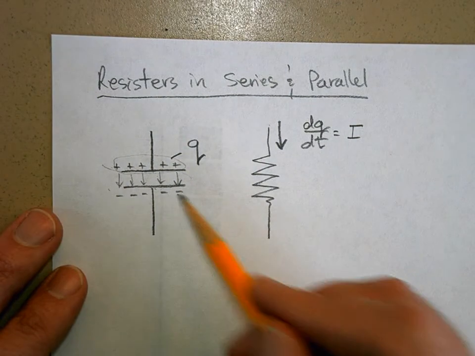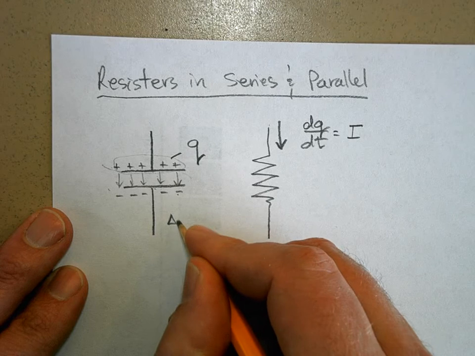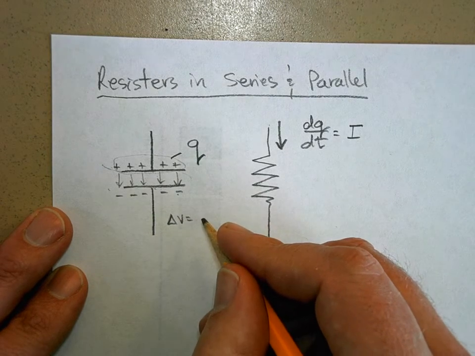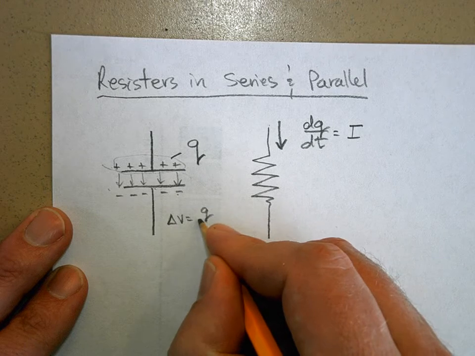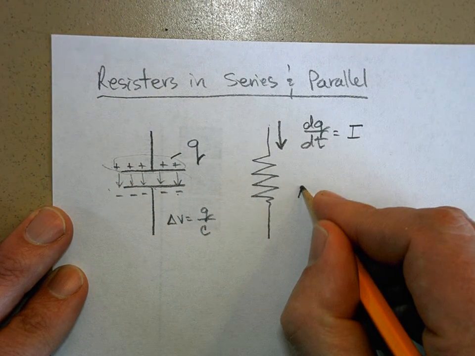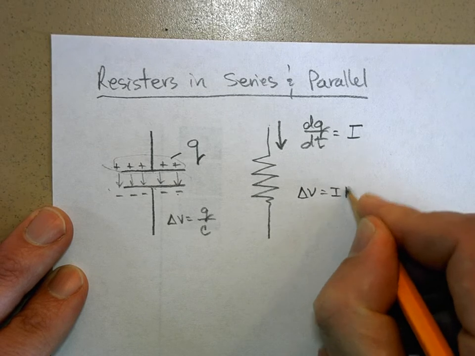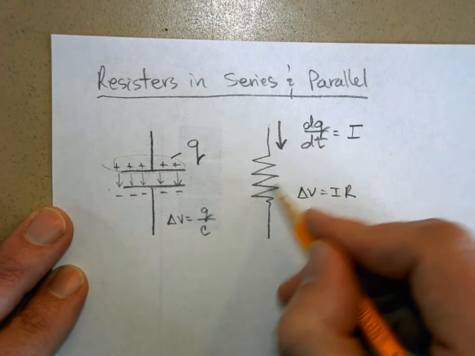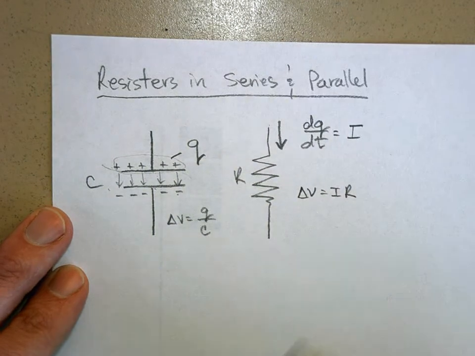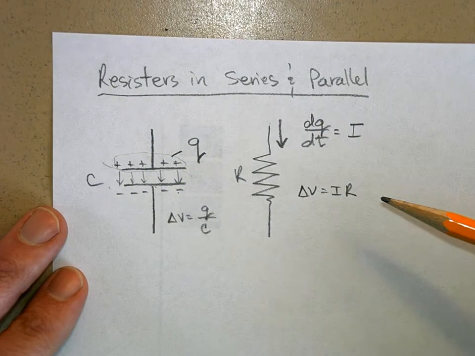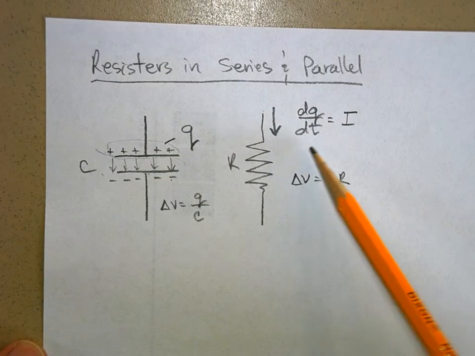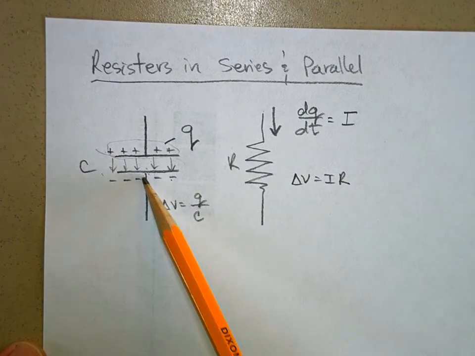Now the voltage drop across here, delta V equals Q over C. And here, delta V is equal to I times R. So this has a certain resistance, this is a certain capacitance, this is a certain resistance. So there you go. Current is the important thing here, where charge was the important thing with the capacitor.